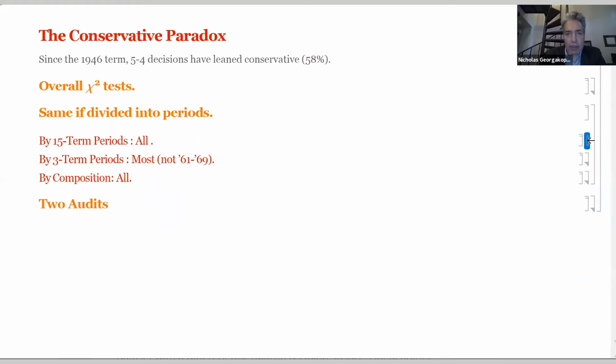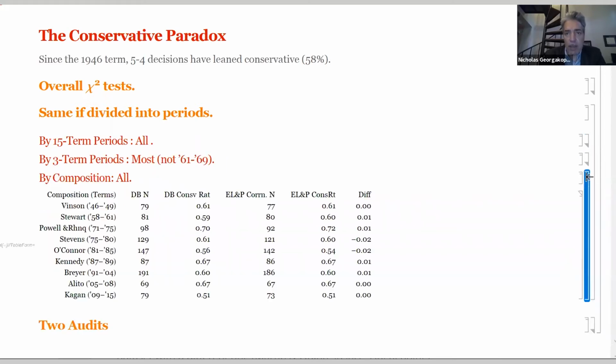And then I also do it by composition. Essentially, every time a new justice is appointed, until the next appointment, that appointment defines the 9 members of the court. And we see that on each composition, the conservative ratio is greater than 50%.